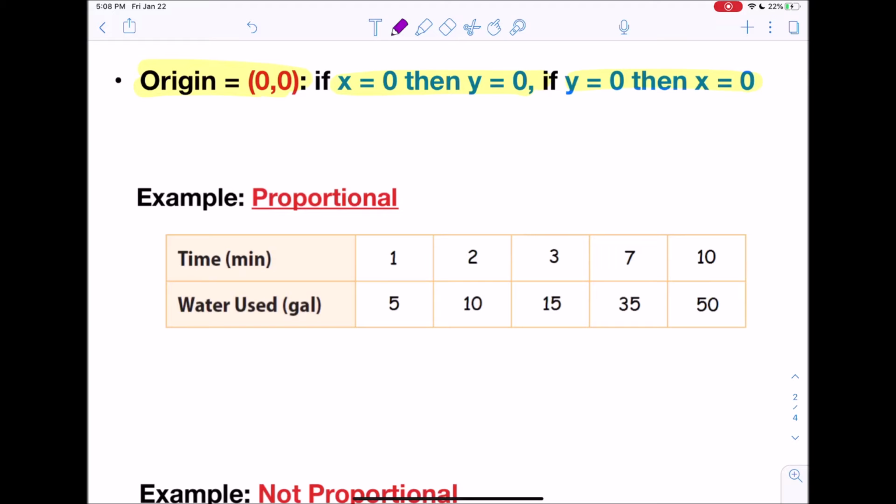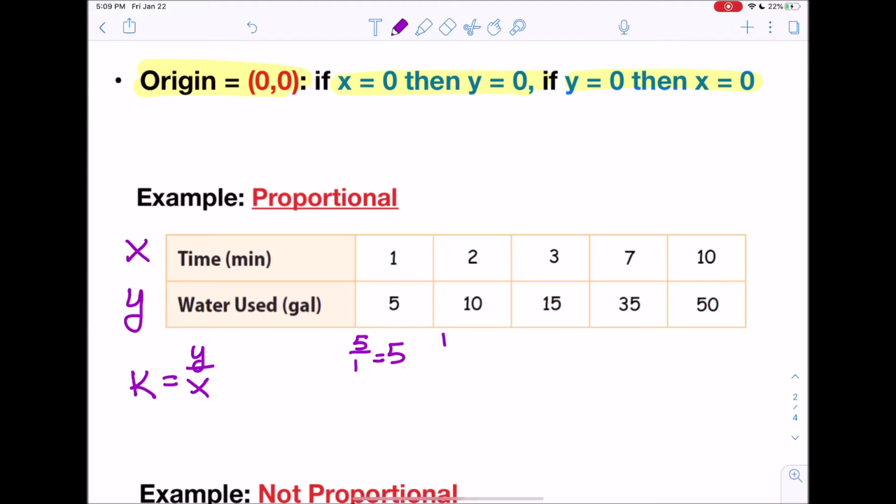We know that in this example, it's 2 rows. So my first row is going to be my x, my second row is going to be my y. And if we'll remember, the unit rate is y divided by x. So for my first column, y is 5 and x is 1. So it's going to be 5 divided by 1, which equals 5.